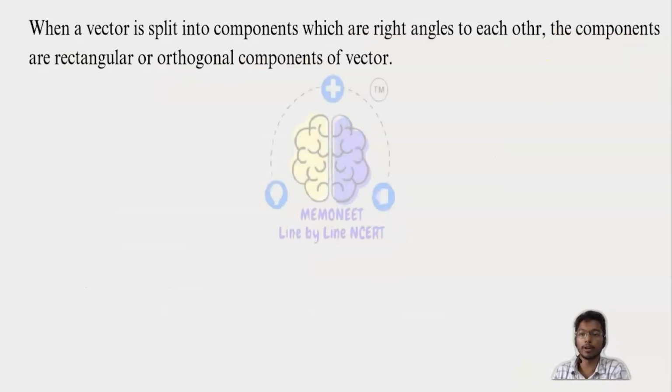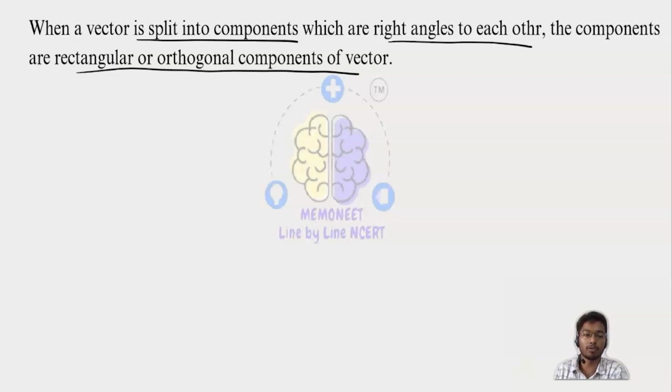The resolution of vectors. When a vector is split into components which are at right angles to each other, they are called the rectangular or orthogonal components of the vector. So if we have a plane with axes, this is the x-axis and this is the y-axis. Let's say we have a vector A here, present in orthogonal components.